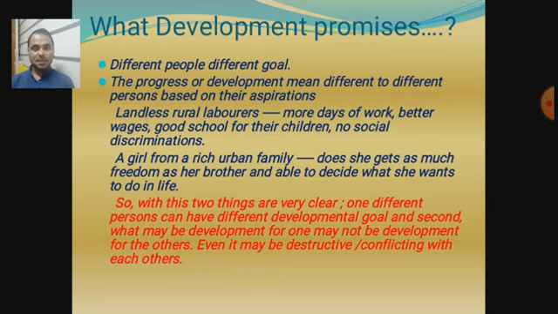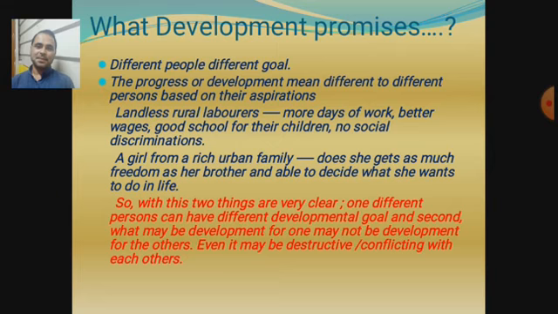But the people who are living in that village, if their village gets devastated because of this industrial setup, then in the case of the villagers, it may be a destruction for them. It may not be a development for them.